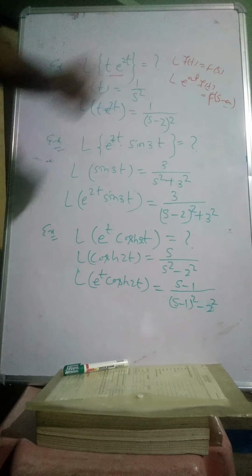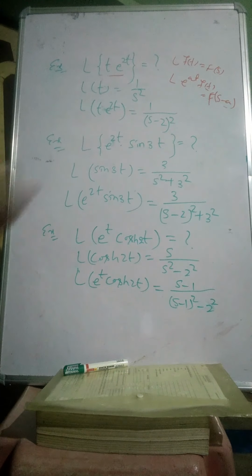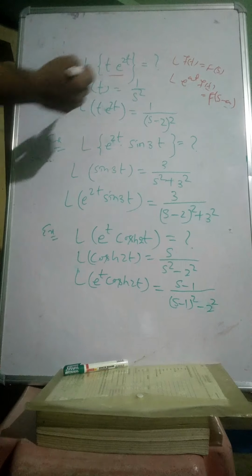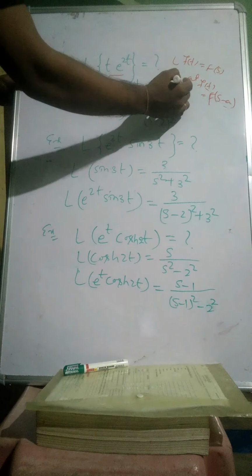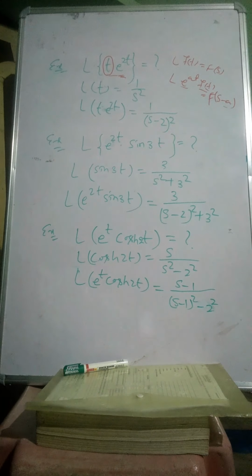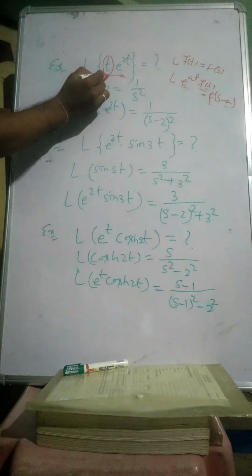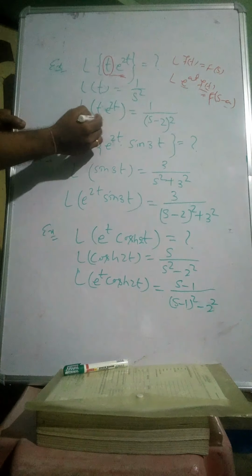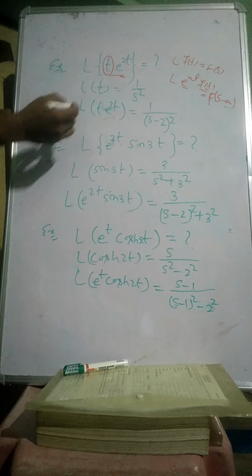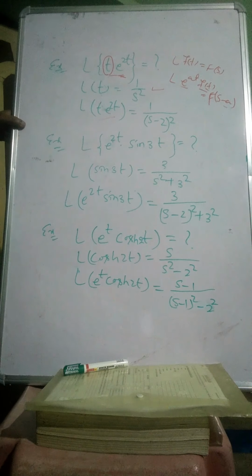Okay, keeping in mind this statement, try to solve these problems. So here, e to the power 2t into t. If I get Laplace of t, then we can find Laplace of t into e to the power 2t. So first I have to find Laplace of t, and that is nothing but 1 by s square.